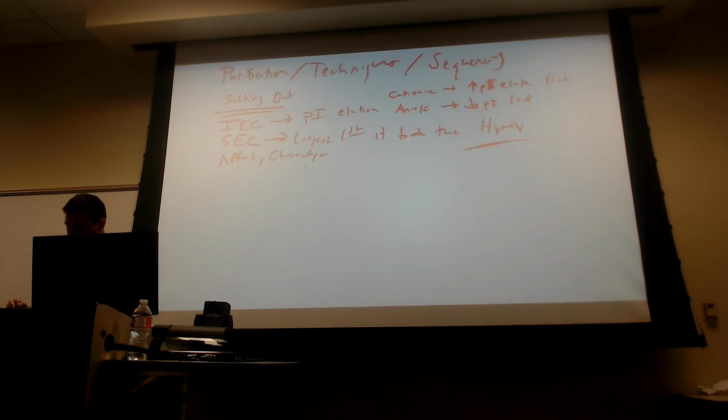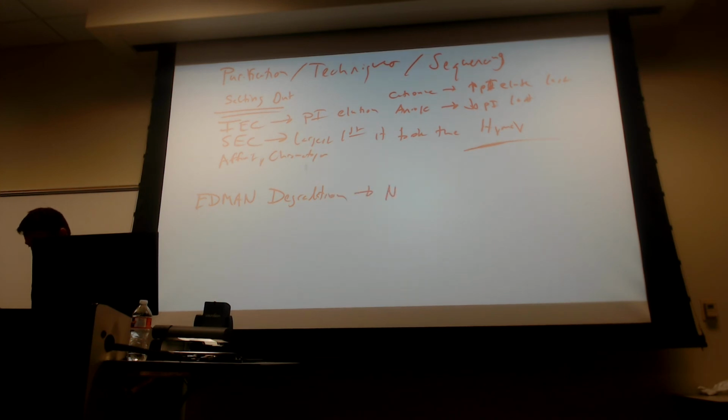Now here's kind of what I like to do. So let's get through the rest here. So those are mainly what we talked about there. Now the sequencing stuff, here's what we need to remember. Edman degradation gives you N term to C term sequencing.